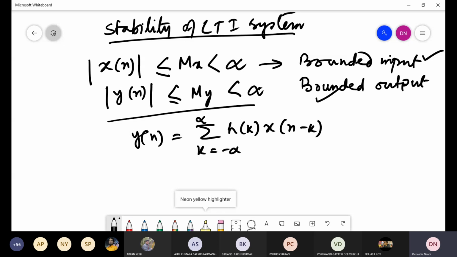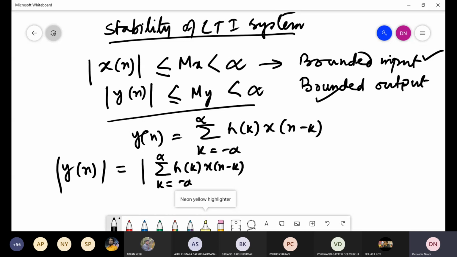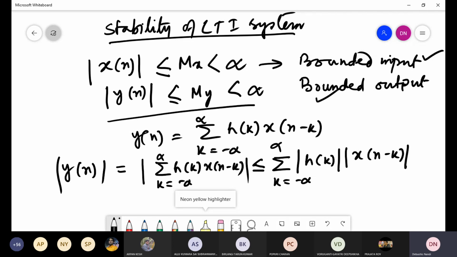Now, what about mod y of n? This is equal to mod of summation k equal to minus infinity to plus infinity h of k x of n minus k. Clear? So this is less than or equal to, by using the theory of real numbers, I can write that this is less than or equal to summation k equal to minus infinity to plus infinity mod h of k into mod x of n minus k. I can write this.